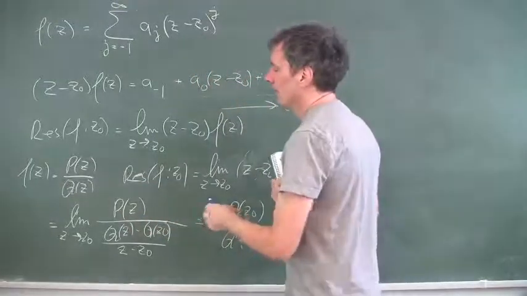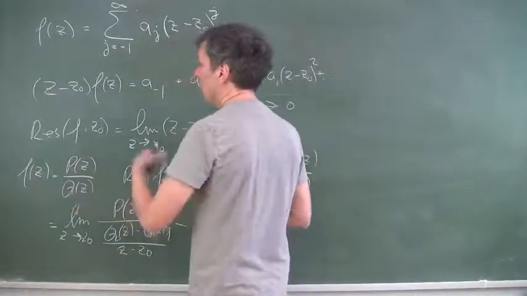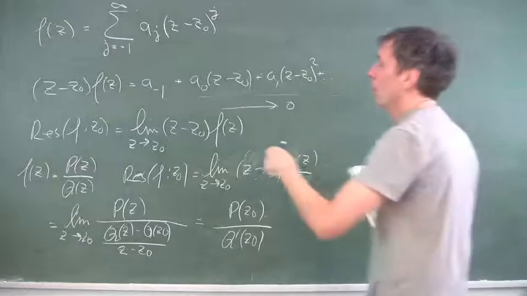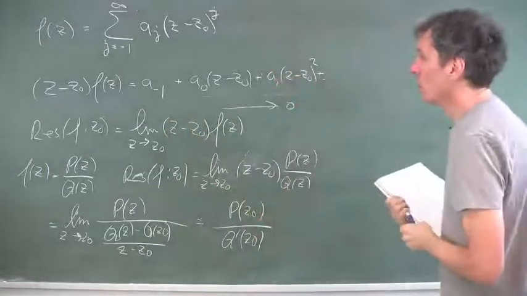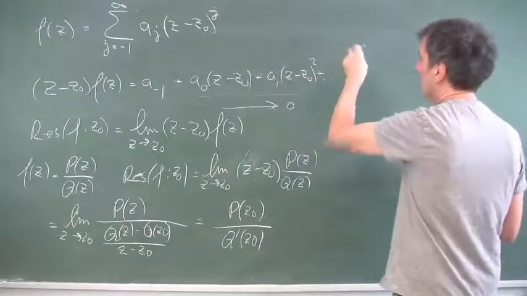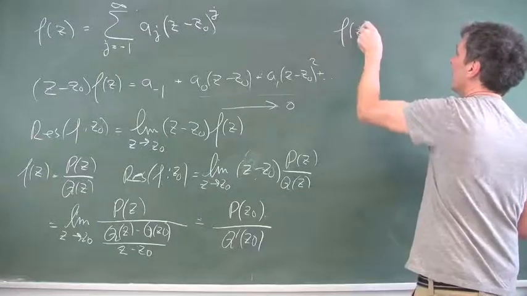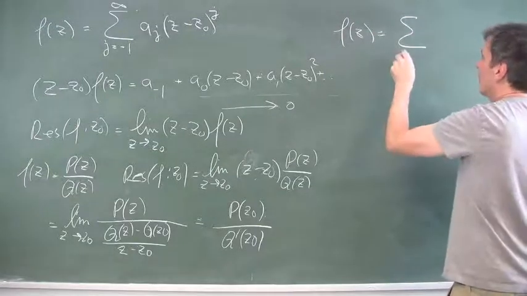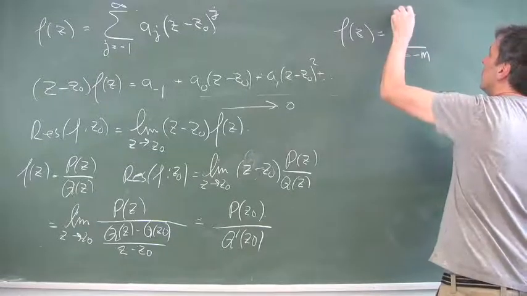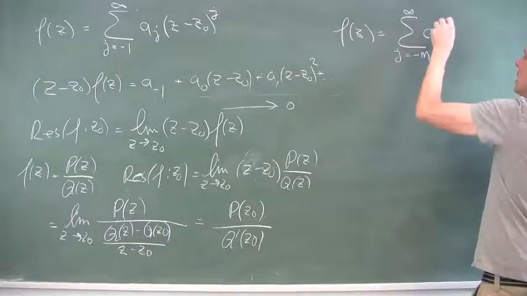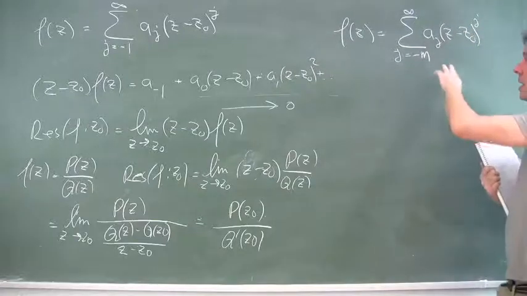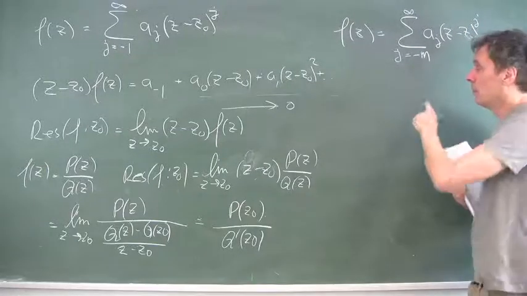If we have a more complicated function where the pole of the function is not of order 1, then one can do a similar thing, which is slightly more complicated. So suppose that f(z) is equal to the sum, j goes from minus m to infinity, of a_j times (z minus z0) to the power j. This means that the function has a pole of order m at the point z0.